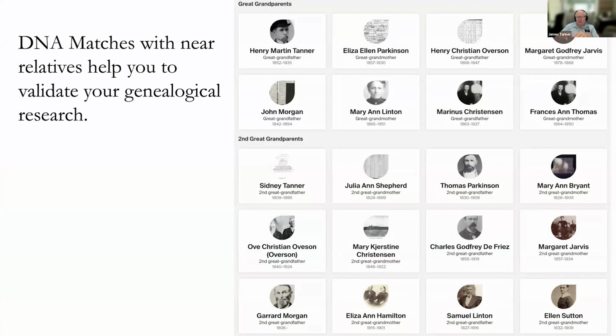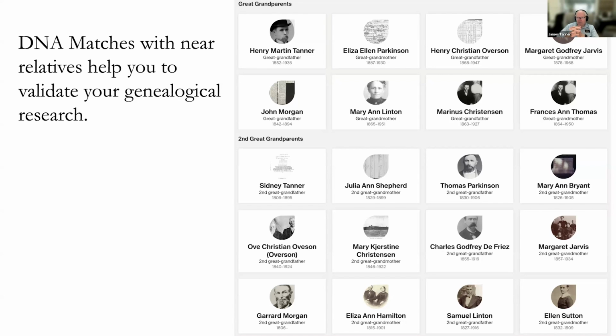As I go back with my great grandparents and so forth, and I look at my DNA matches coming from that, this is a listing of the DNA matches that match and substantiate all of these people. Basically, every person on here is well known to me.